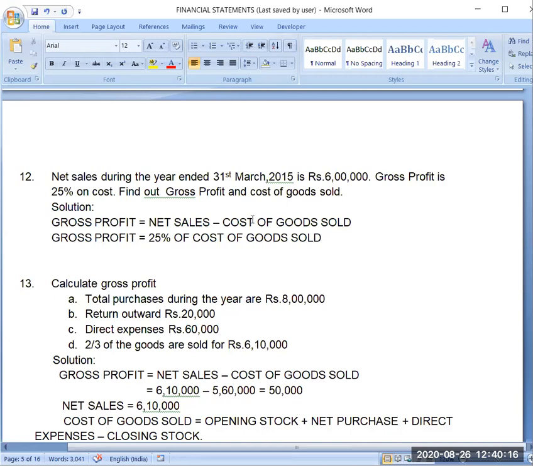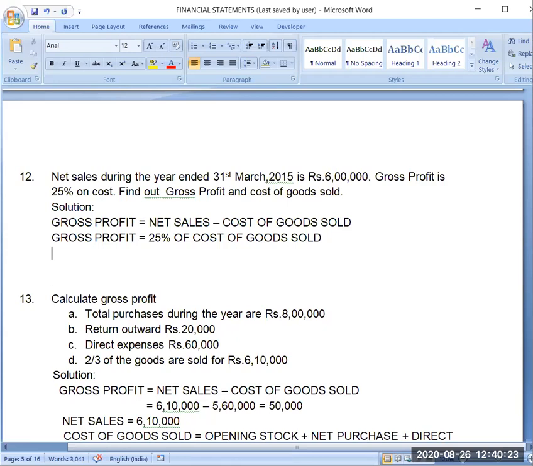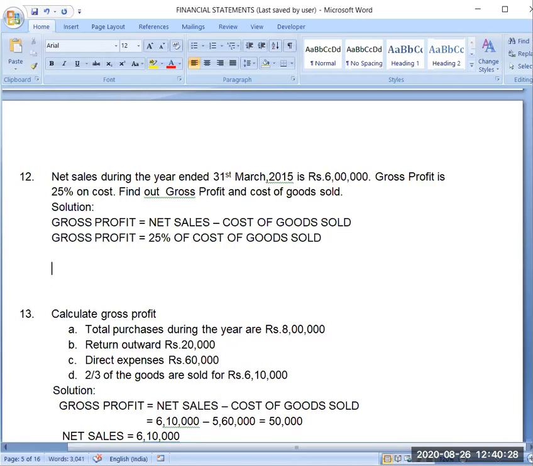So I have to find out certain other way, like algebra. So what I will be doing, I will assume the cost of goods sold first. Let the cost of goods sold is equal to rupees 100.